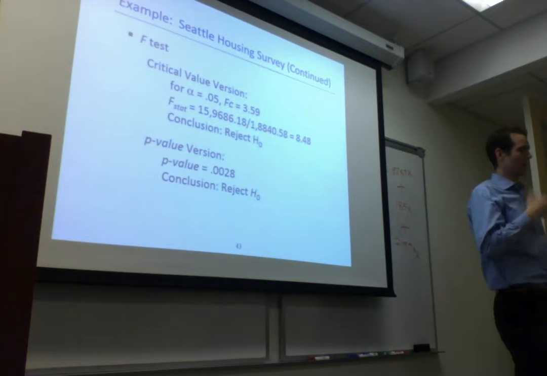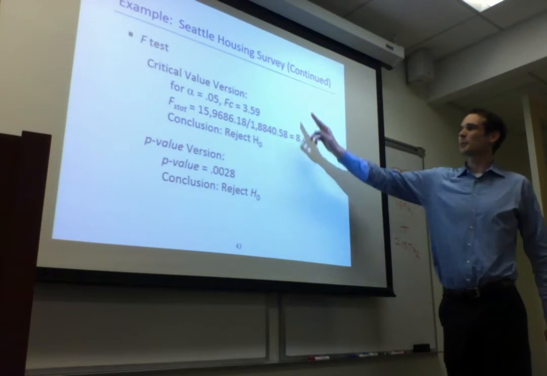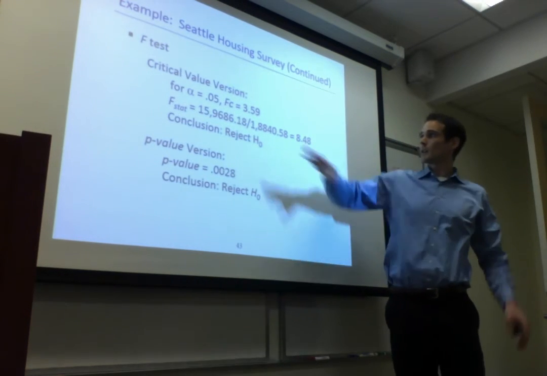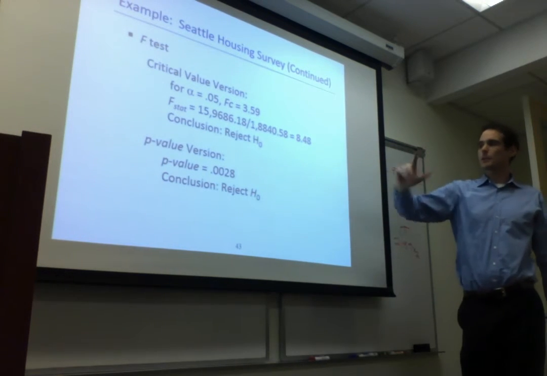Okay, like that would ruin our night, right? We'd just stop and rethink this whole thing. We know that since the 8.48 is larger, it's more extreme than 3.59, we could reject. The p-value tells us the exact same thing.